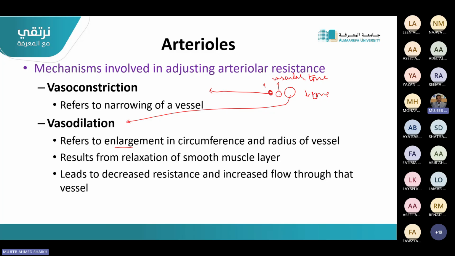Vasodilatation is enlargement of the circumference or radius of the vessel, resulting from relaxation of the smooth muscles, and leads to decreased resistance and increased flow through the vessel. Whereas vasoconstriction means narrowing of the vessel. These are common terminologies used everywhere, and this is responsible for maintaining the arteriolar resistance by increasing or decreasing it.